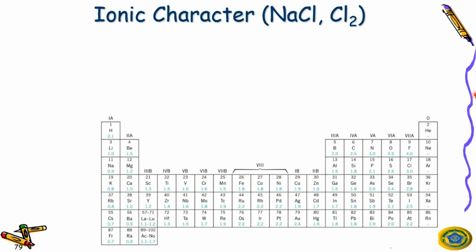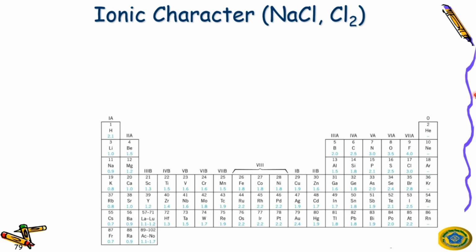Okay, so when we talk about the covalent bond, it is not electron transferring but electron sharing. So we put these two together, and we have a number come out, which we call ionic character. So what is ionic character? Ionic character tells you the degree of the ionic bonding.